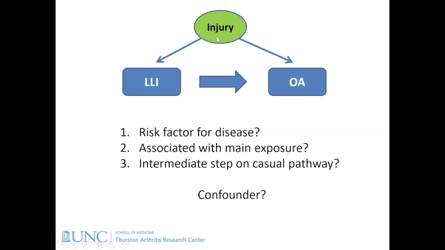So for it to be on the causal pathway, it would be an arrow going from here to injury and then injury to OA, and it doesn't seem as though it's on that pathway. So we would consider it to be a confounder because it is a risk factor for disease. It is associated with the main exposure, but it's not the intermediate step on the causal pathway.